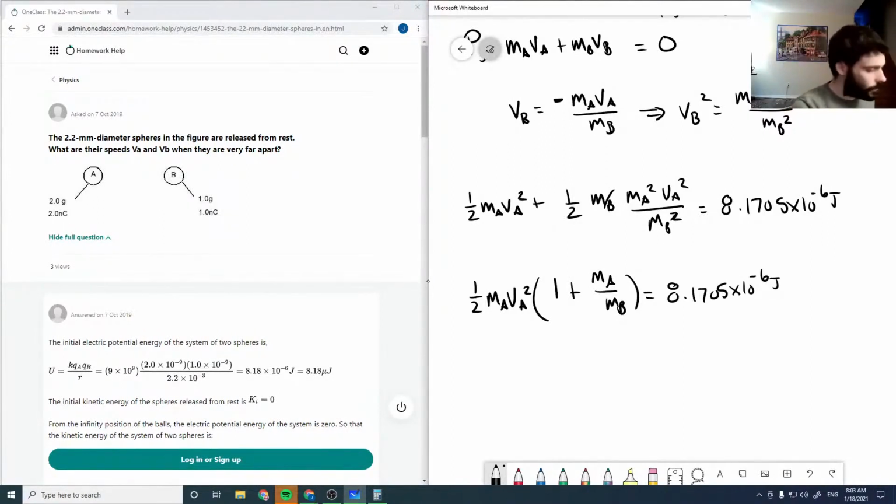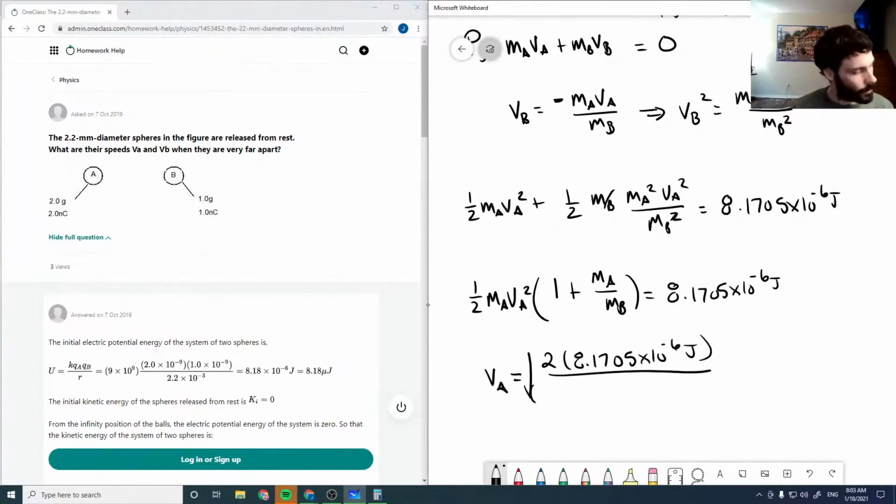Or vA is the square root of 2 times 8.1705 times 10 to the minus 6 joules, all over our A mass, which is 2 times 10 to the minus 3 kilograms, so converting it from grams into kilograms, times 1 plus 2 times 10 to the minus 3 kilograms over 1 times 10 to the minus 3 kilograms.